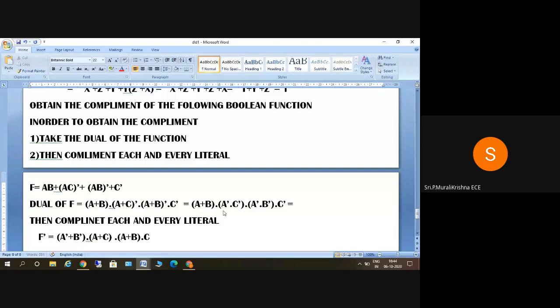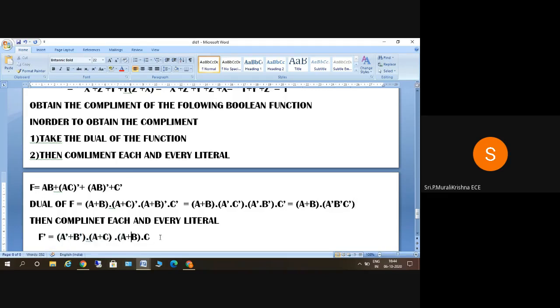So what I'll get here, it is A plus B into, so A bar into A bar is A bar, C bar into C bar is C bar, so it's nothing but A bar B bar C bar. So this is the normal function, I mean dual of the function.